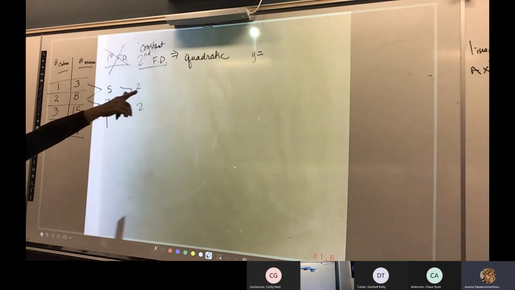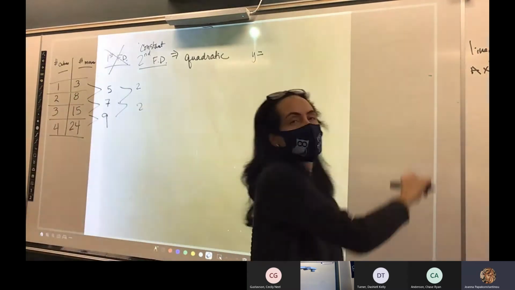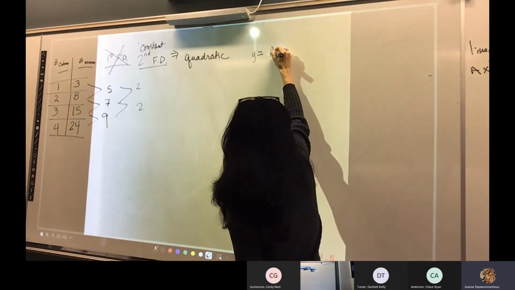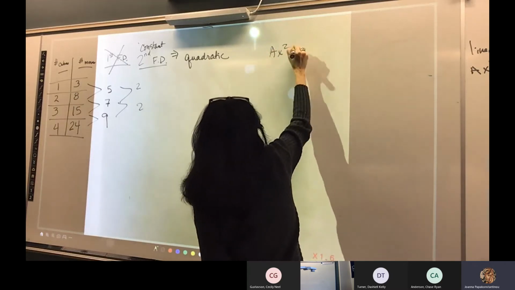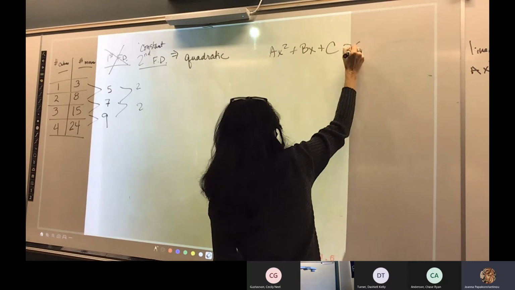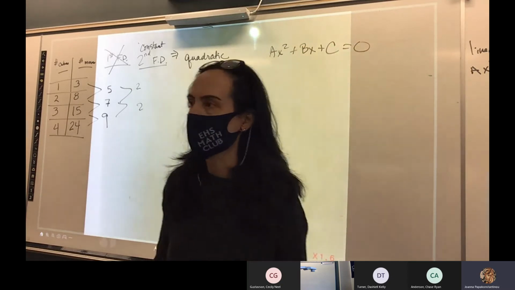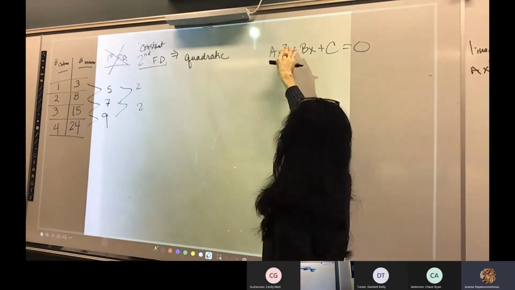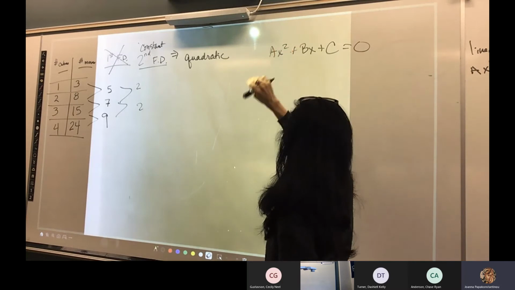What is the quadratic equation? Linear, the highest degree of x is 1. Quadratic, the highest degree of x is 2.